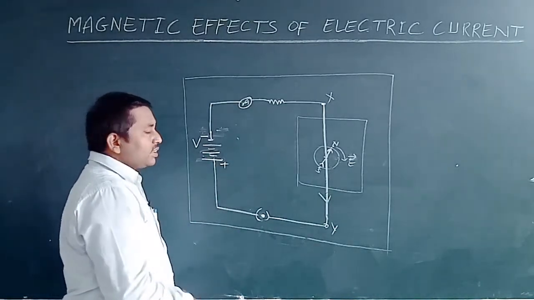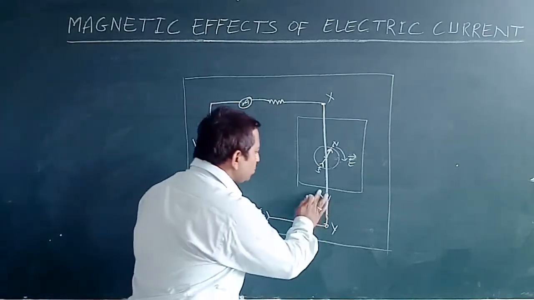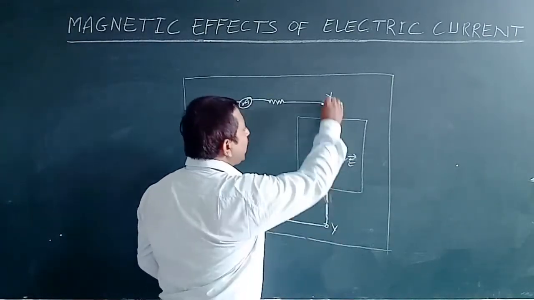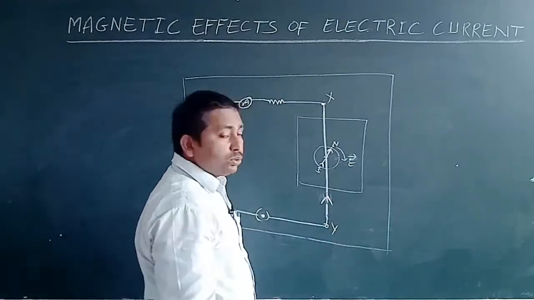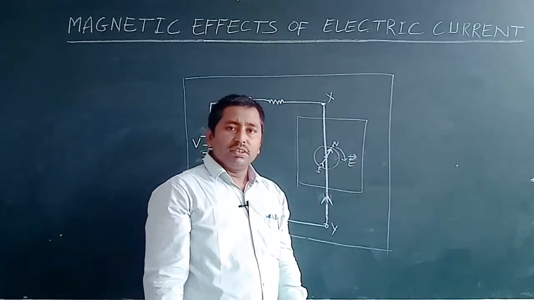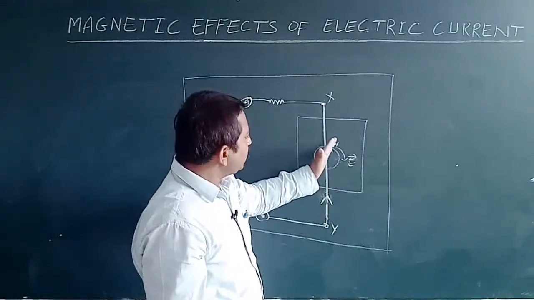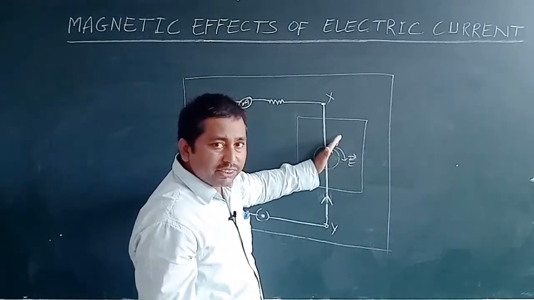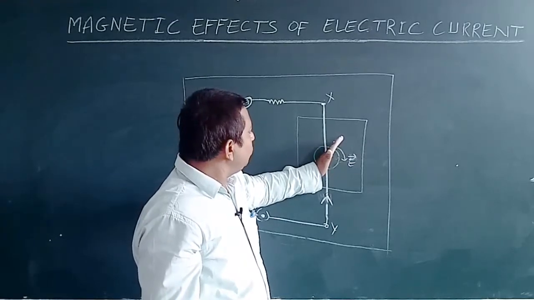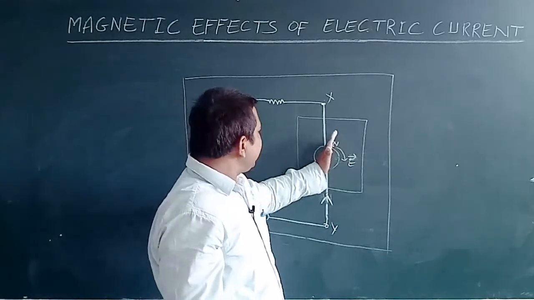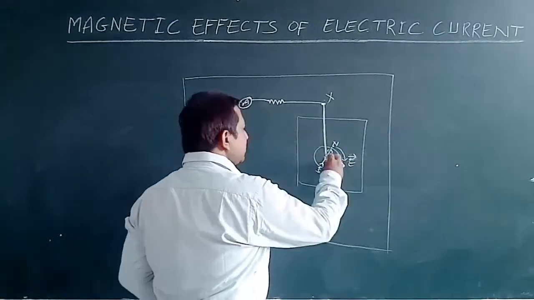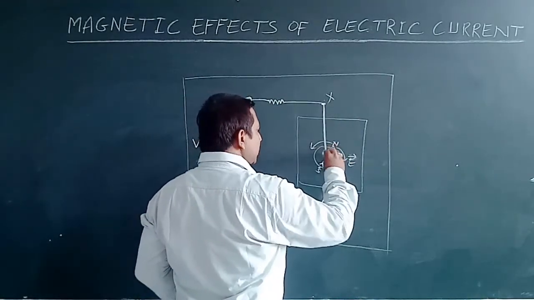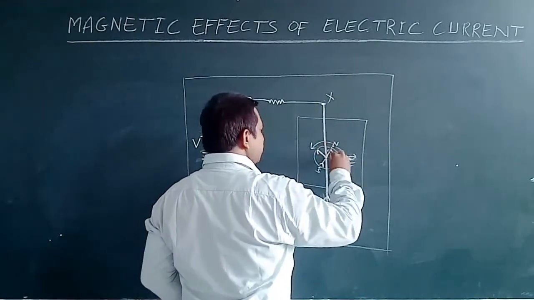At this time, the direction of the current flowing through the conductor becomes from y to x. In this case, we will observe that the magnetic needle, which is lying in north-south direction initially at this position, will move in anti-clockwise direction like this. It means the north pole moves anti-clockwise and reaches this position.